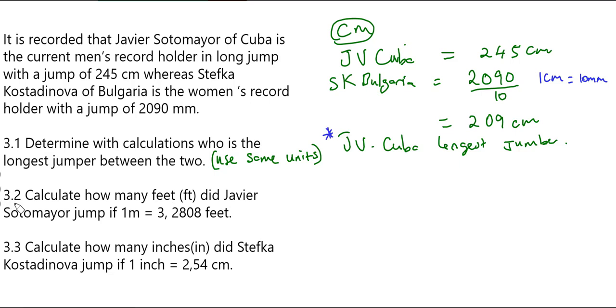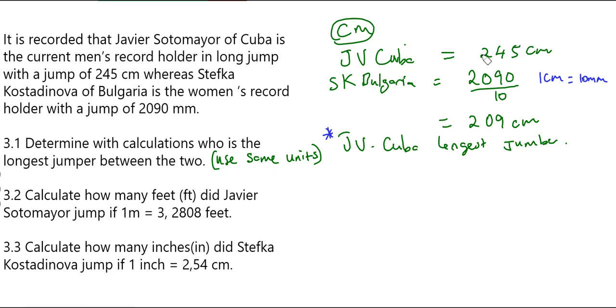3.2, calculate how many feet Javier Sotomayor jumped if 1 meter. Remember what I told you? They give you the conversion. So they told you already 1 meter is equal to 3,2808 feet. So what do we have here?